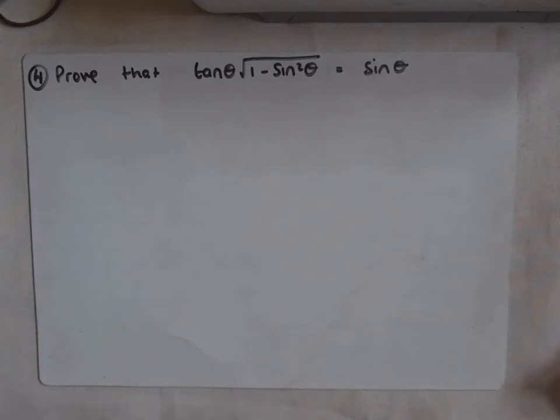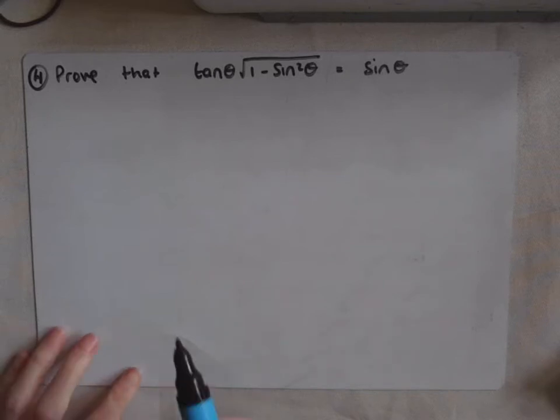Okay, so prove that tan of theta by the square root of 1 minus sine squared theta equals sine of theta. Can anyone think about what you might do here? Replace the 1 minus sine squared theta with cos squared theta.